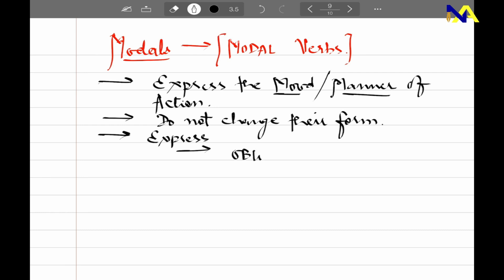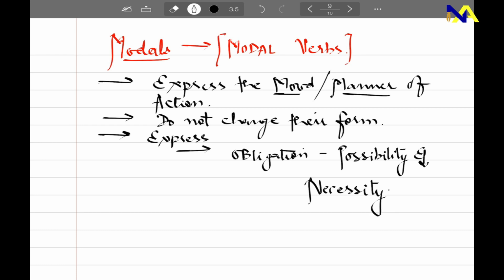Obligation, possibility, and necessity. Now the possibility of something, you think that you're very sure about this, or you are lightly sure, then that can change how you speak the sentence.